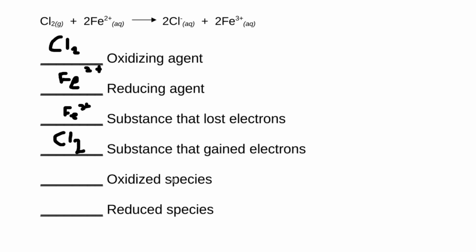Now, the oxidized species, what does that mean? It seems like the oxidized species is a species that has been oxidized. So Fe2+ underwent oxidation, it lost electrons. So is Fe3+ the oxidized species?